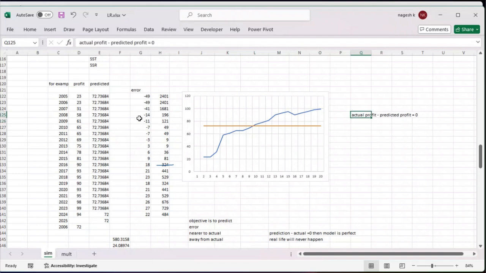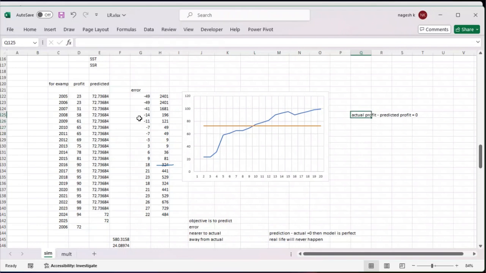But in the real case, if any human being predicts anything, will it be accurate? What percent of the predictions will be equal to the actual? If it is absolute zero, then it is not a meaningful expectation.